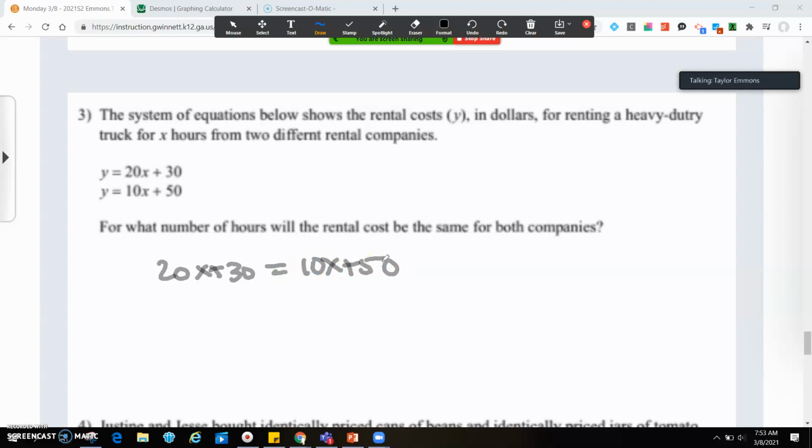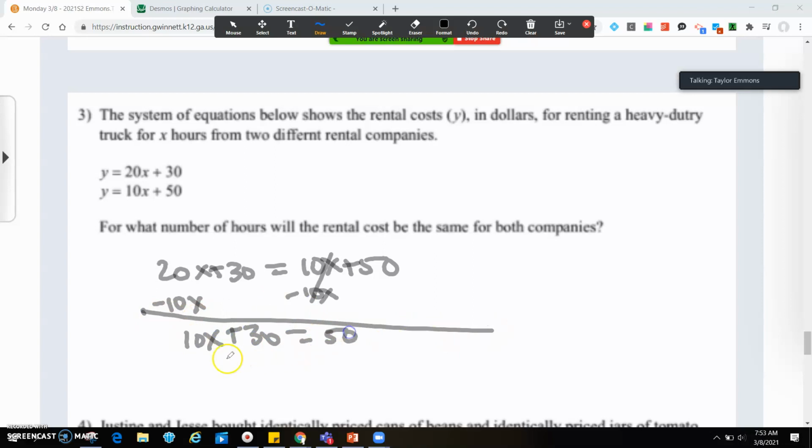So I'm going to subtract x from this side, 10x from that side, and that's going to give me 10x plus 30 equals 50. I'm going to subtract 30 from this side, so 10x equals 20.